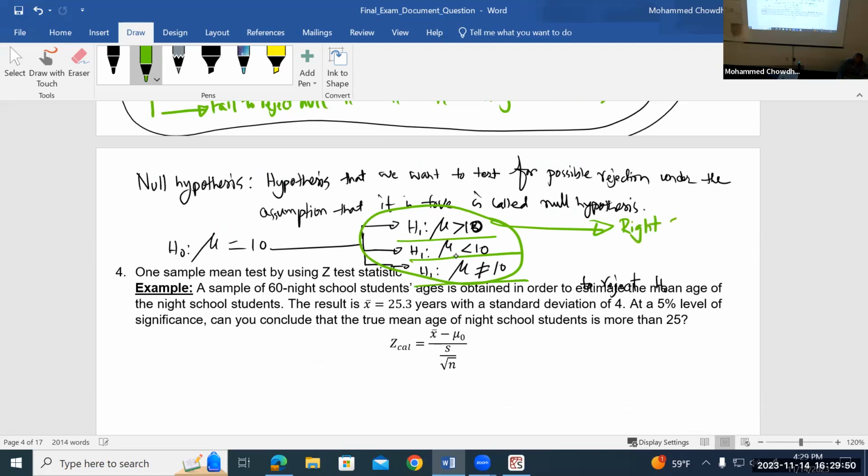If it is less than, it is called left-sided or left tail. If it is not equal to, then it is both-sided.